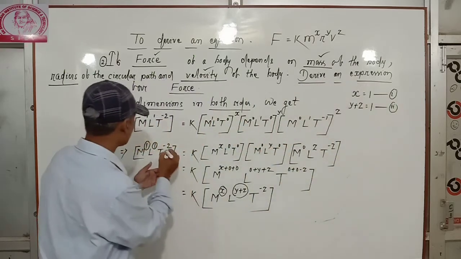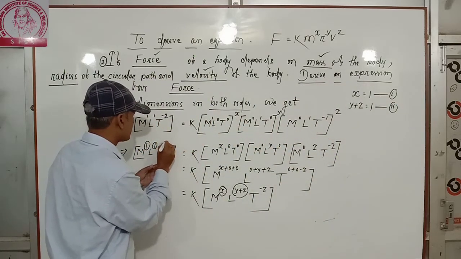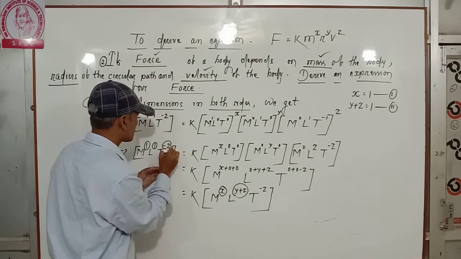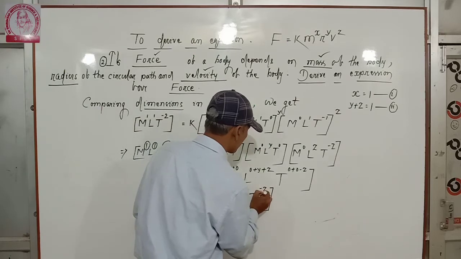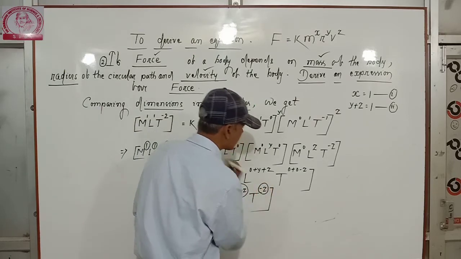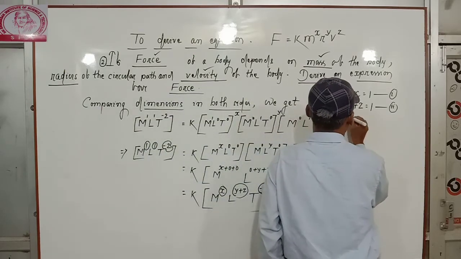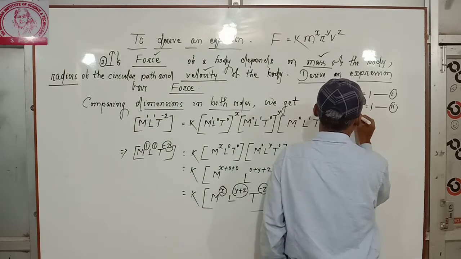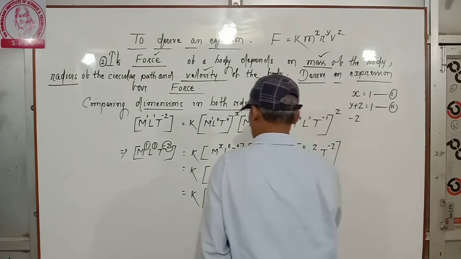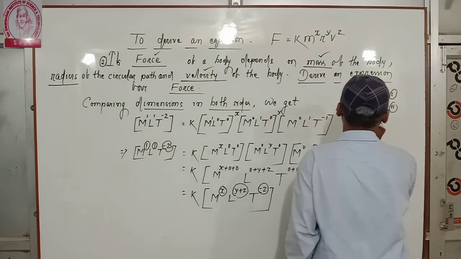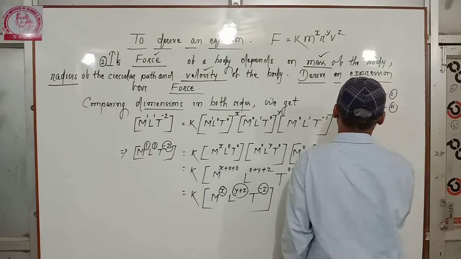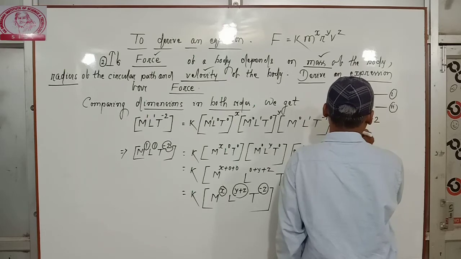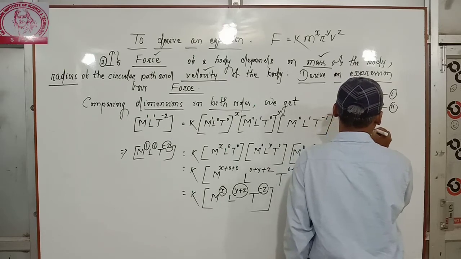Now here the power is minus 2. Here the power is minus z. So the third equation is minus z is equal to minus 2, implies z is equal to 2.